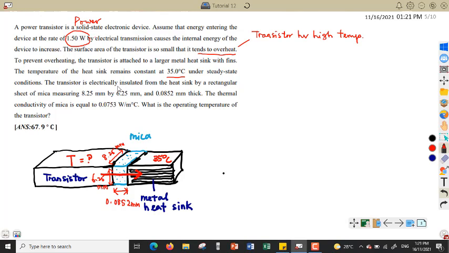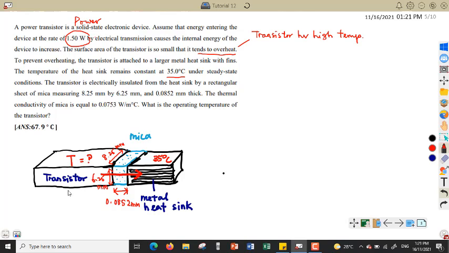The transistor is electrically insulated from the heat sink by a rectangular sheet of nickel measuring 8.25 mm by 6.25 mm and 0.0852 mm thick.